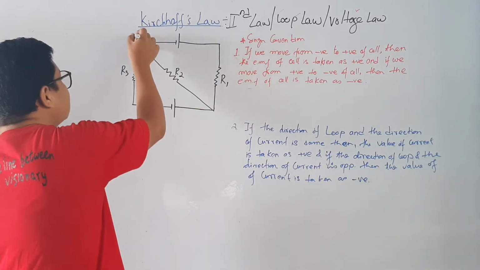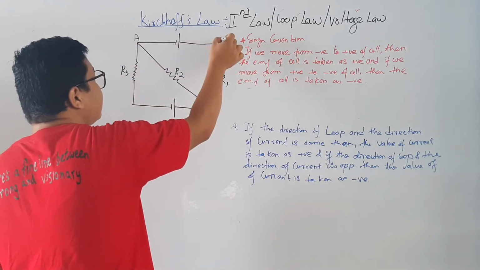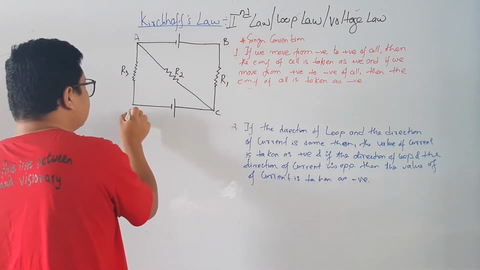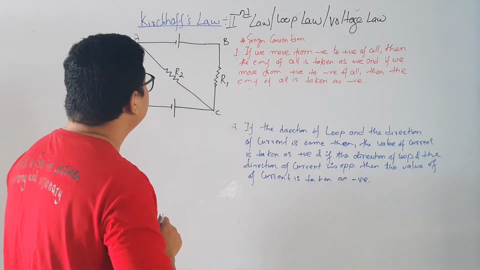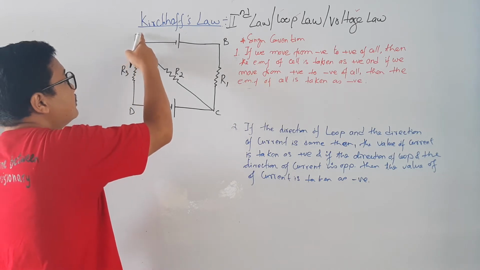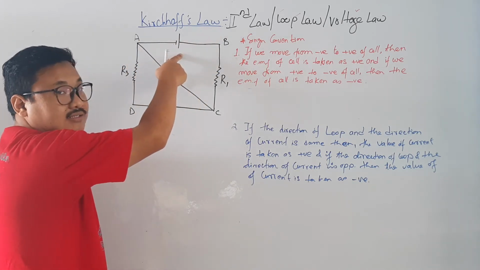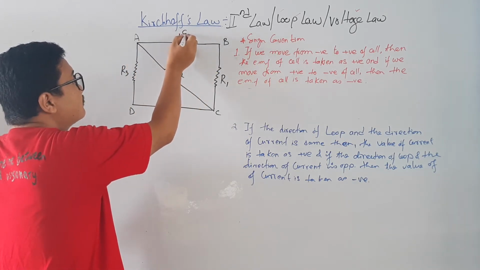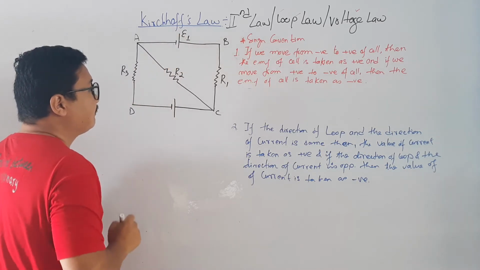Here is my electrical circuit A, B, C, D. Between A and B there is one cell. Let the EMF of the cell be E1.